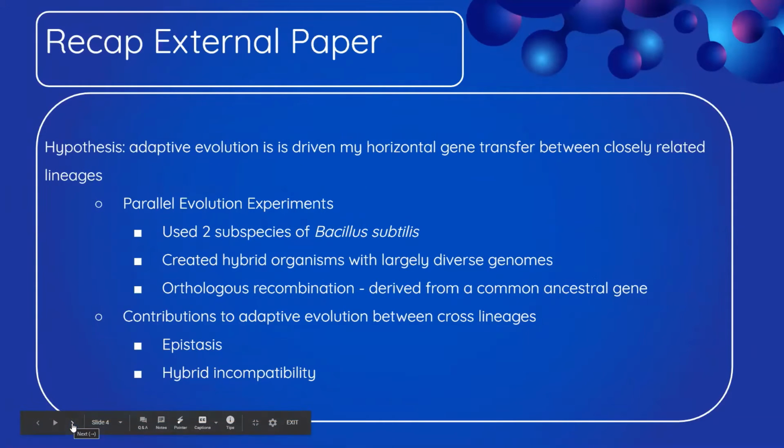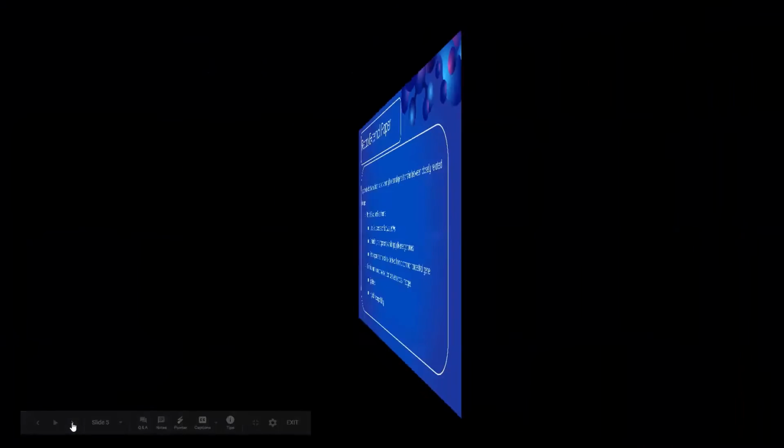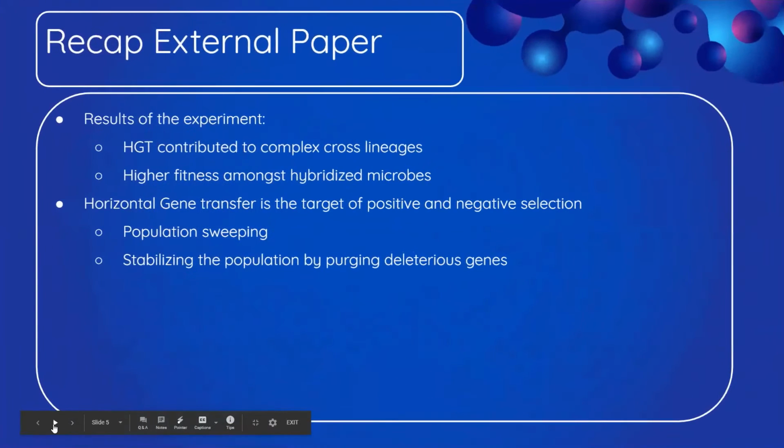Orthologous recombination is almost the same as homologous recombination, when genetic information is exchanged between two similar or identical DNA strands, but instead it just needs to have the same ancestral gene, like the two subspecies of Bacillus subtilis do. This experiment helped to conclude that both epistasis as a positive selection and hybrid incompatibility as a negative selection contribute to adaptive evolution between cross lineages of microbes.